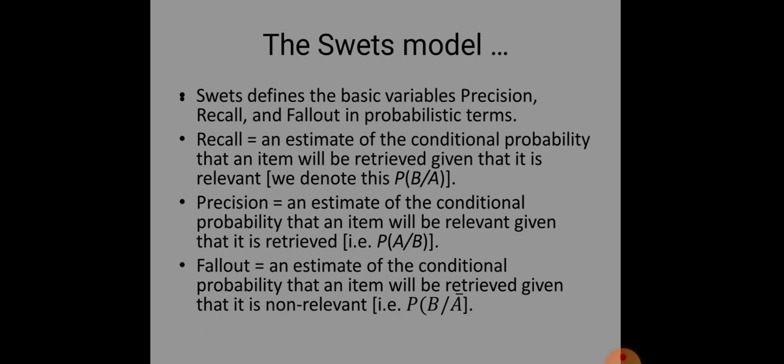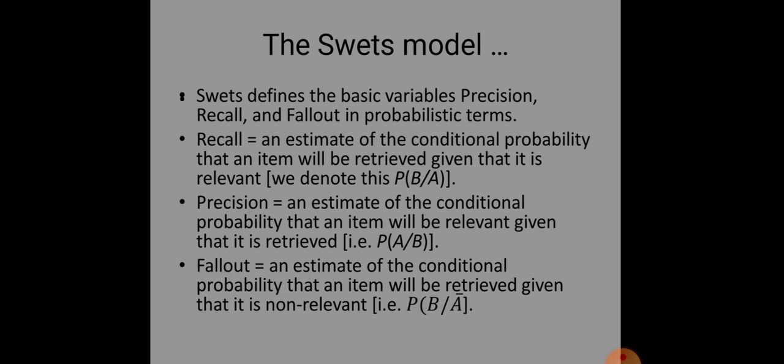The next one is precision. Precision is an estimate of the conditional probability that an item will be relevant given that it is retrieved. So precision always depends upon the number of retrieved documents, whereas recall is related to the number of relevant documents. Now we need to discuss fallout.